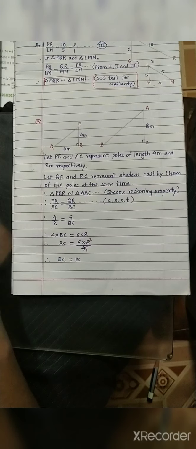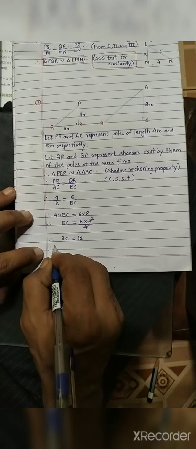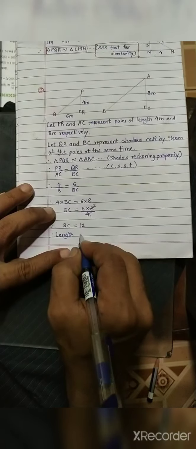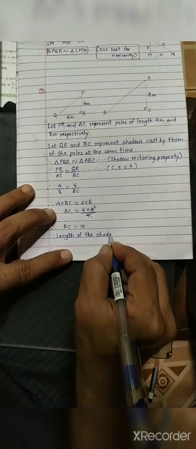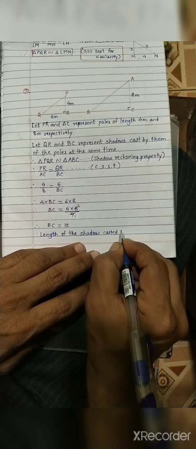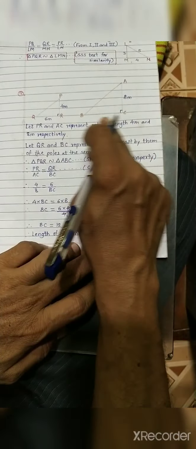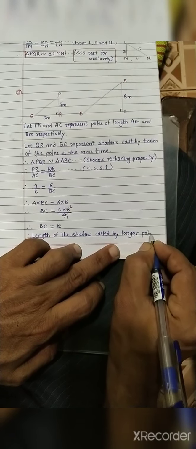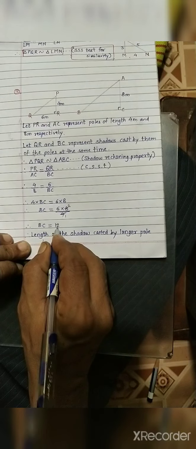So the length of the shadow cast by the longer pole is 12 meters.